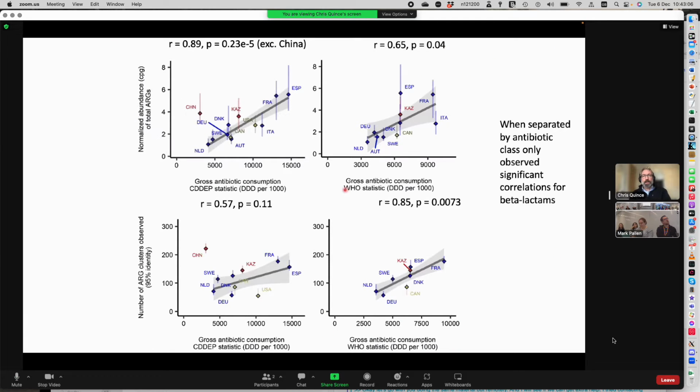Now, what was very striking is that when we looked at gross antibiotic consumption in a country and the total abundance of ARGs, we saw a very strong correlation, with a notable exception of China. In these associations, China was always an outlier. It always had far more resistance, or far more resistance diversity, than we would expect for the level of consumption.